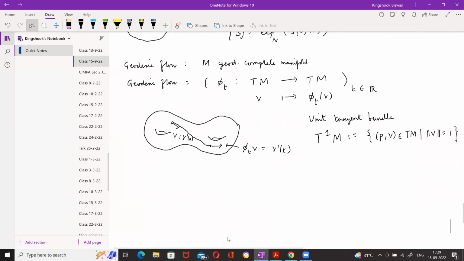Then, since geodesics have constant speed, what does the geodesic flow do?